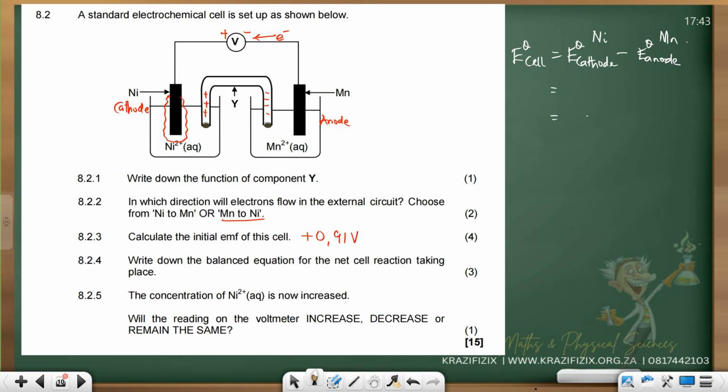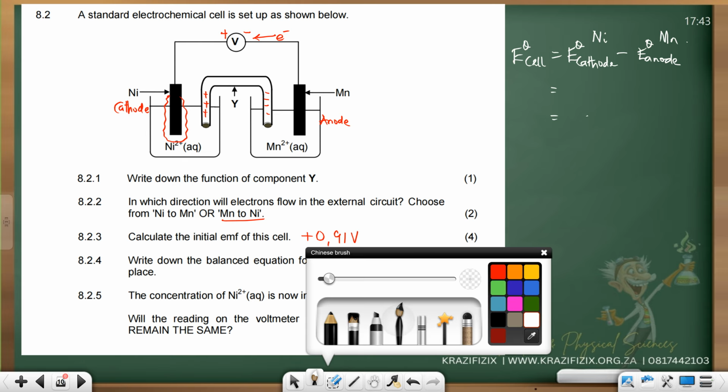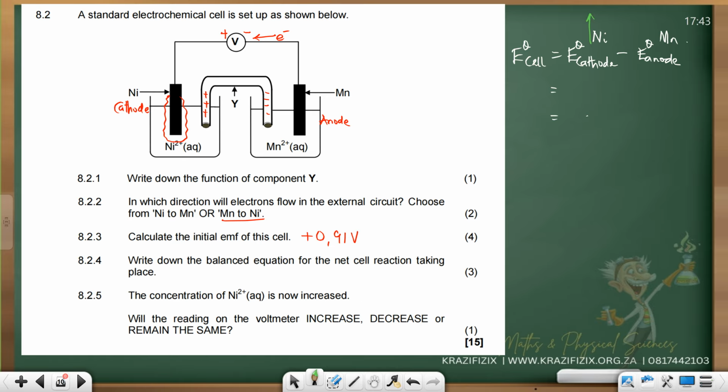And I remember telling you, if it increases, this value will also increase. And if that increases, your E cell value will increase. If your cathode value increases, your EMF will increase. Case closed.